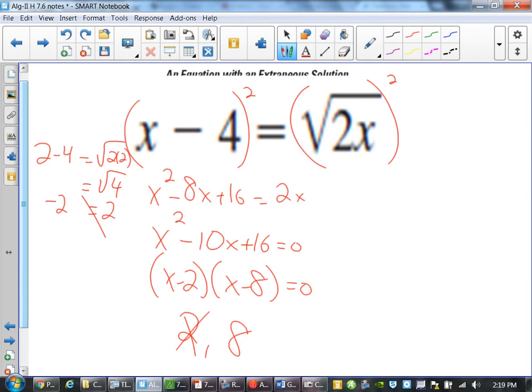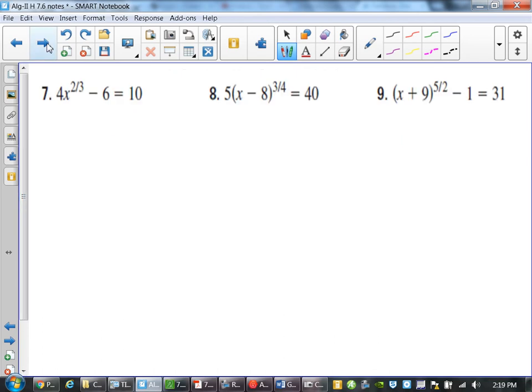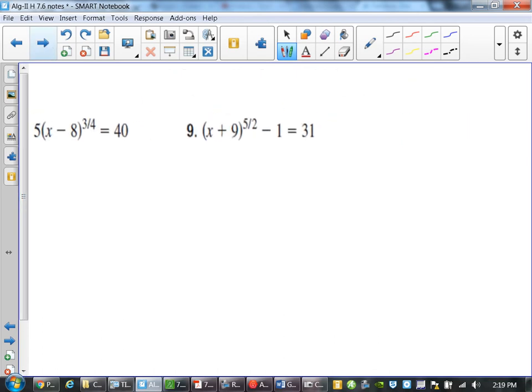Otherwise a square root is always implied to be positive. So 2 is a solution of the squared equation, just an extra one. It's the answer, but it's not the answer. Okay?